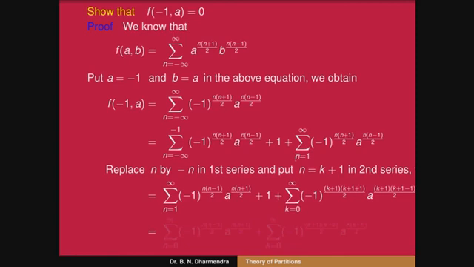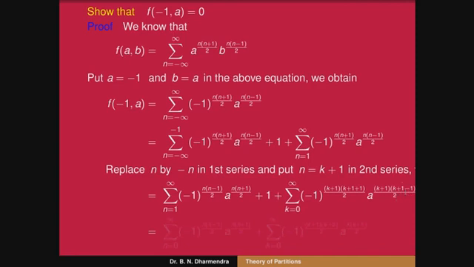When I substitute n equal to k plus 1, we take that 1 on the RHS side, so 1 minus 1 becomes 0, that is k running from 0 to infinity of minus 1 to the power of k plus 1 into k plus 1 plus 1 by 2 into a to the power of k plus 1 into k plus 1 minus 1 by 2.